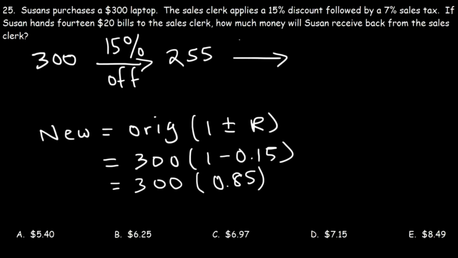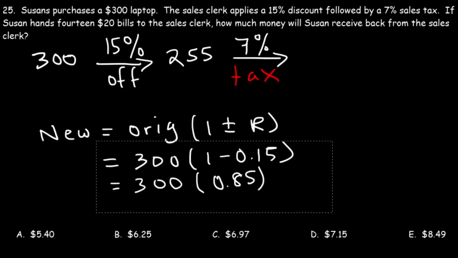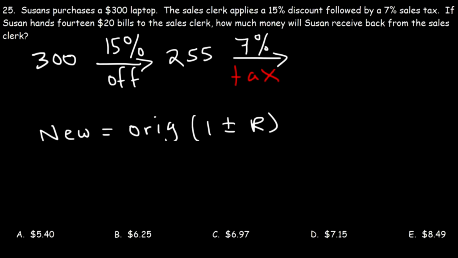Next, we need to apply a 7% sales tax. So we're going to use the same equation to calculate it. So this time, the original price now is going to be 255. 7% is 0.07.